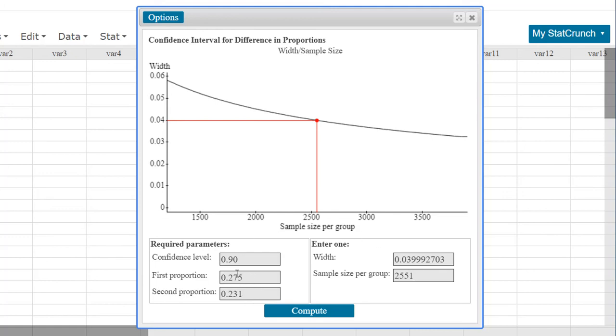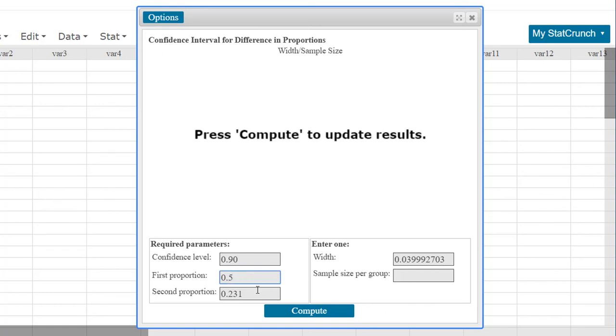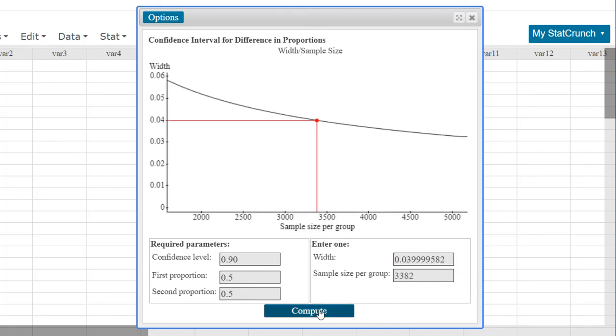Now this was if we had the preliminary estimates for p hat 1 and p hat 2. But what if we don't have a prior estimate? Well, if we don't have a prior estimate, then for the first proportion we use 0.5, and for the second proportion we also use 0.5. So in other words, we're assuming that half of the individuals have the characteristic for both proportions. Again, our width is 0.04, and so if I say compute, I get 3,382.